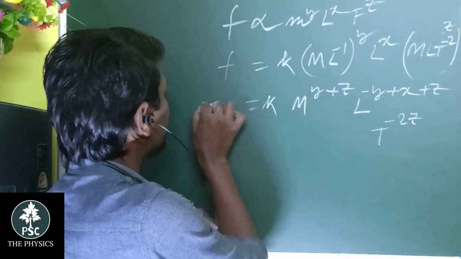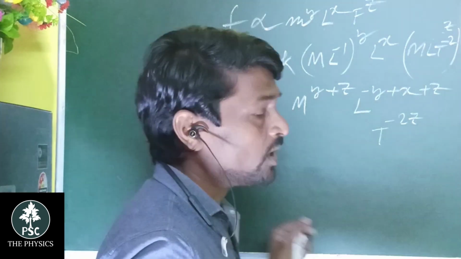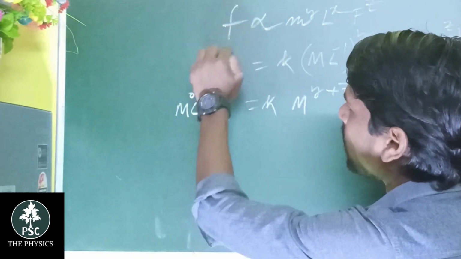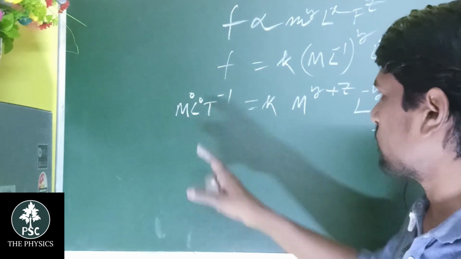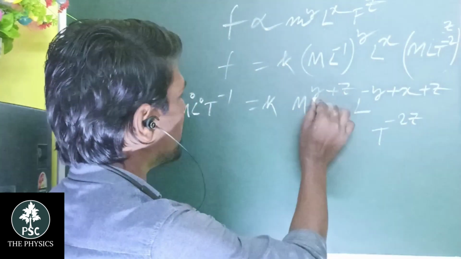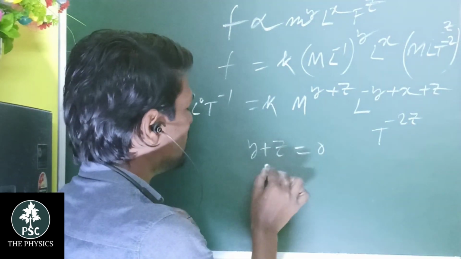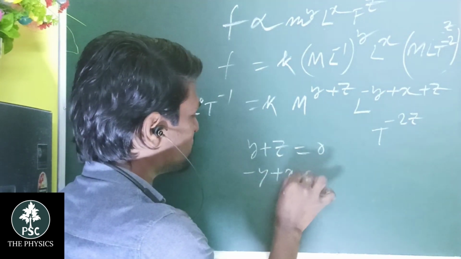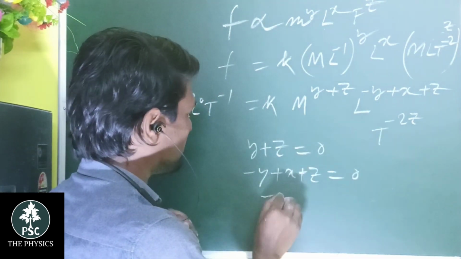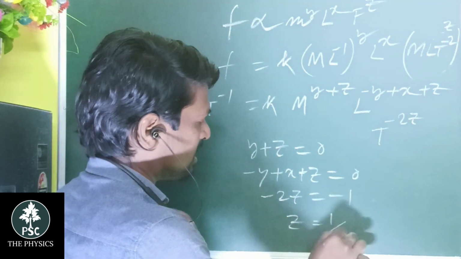So this is frequency, T^-1, and here M equal to 0 and L equal to 0. Students, where a fundamental physical quantity is not related with a particular physical quantity, you have to take its exponent as 0. Then compare. So y plus z equal to 0, and minus y plus x plus z also equal to 0, and minus 2z equal to minus 1, so z equal to half.